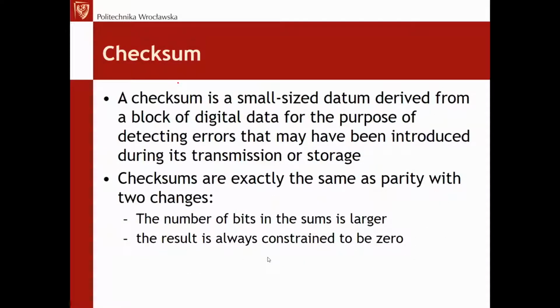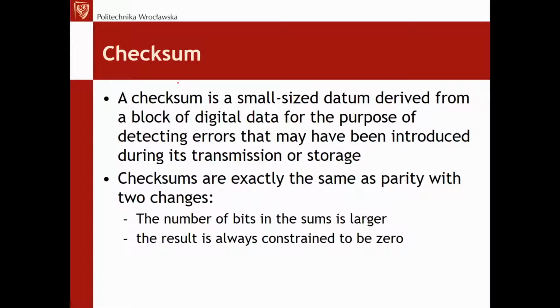The second mechanism of detecting errors is not helpful in fixing the errors, but it's a mechanism for checking: calculating a checksum, which is usually a sum of some sort from a block of data.